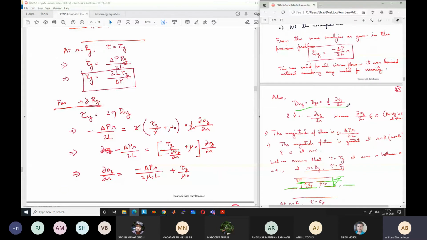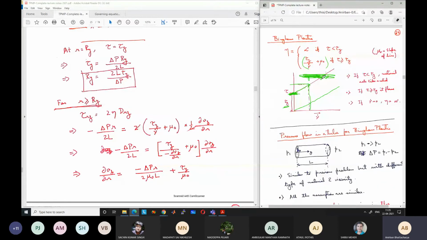So 2 eta becomes 2 times tau y by gamma dot plus mu 0, and drz is equal to half dou vz dou r, and tau rz is equal to minus delta p r by 2l, by replacing this value.